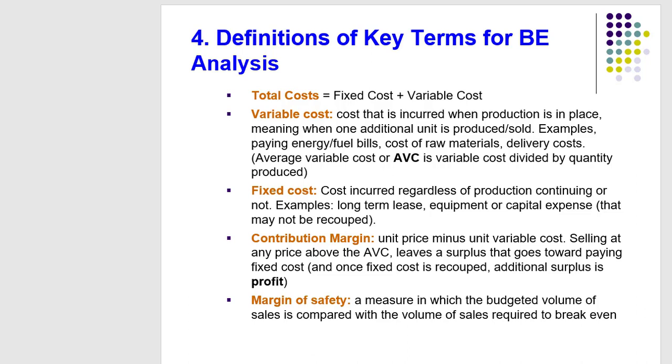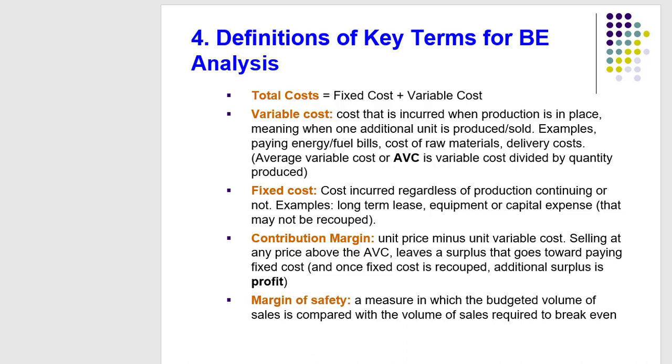Average variable cost is basically variable cost divided by the number of units or the quantity of goods produced. Fixed costs are any cost that's incurred even before production can take place, or regardless of production level, these costs must be paid. Examples of fixed costs are long-term lease, equipment or capital expense that once made may not be recouped.